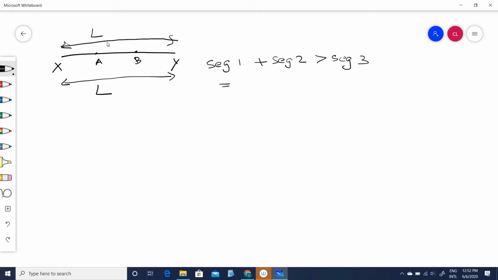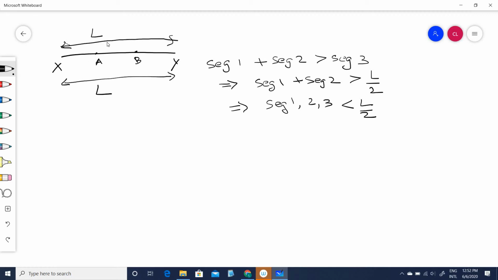This implies that segment 1 plus segment 2 is greater than L by 2. It also implies that each of the segments 1, 2 or 3 is less than L by 2. So we will continue to need this.